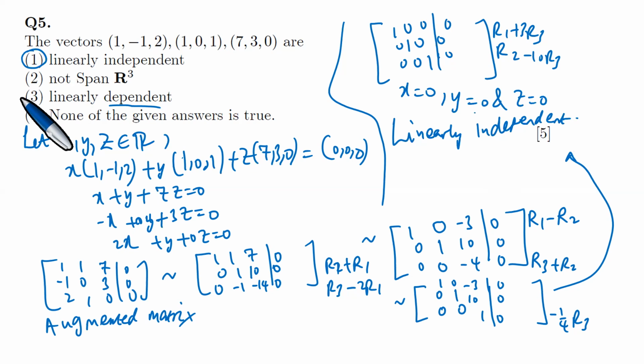Sometimes that check is possible, but it's very tricky to always see. If you add any two to get another vector, maybe the first and the last to get the middle vector, then they're linearly dependent. That is true.